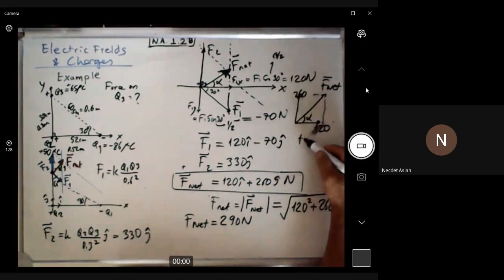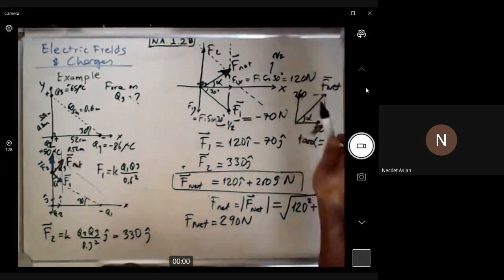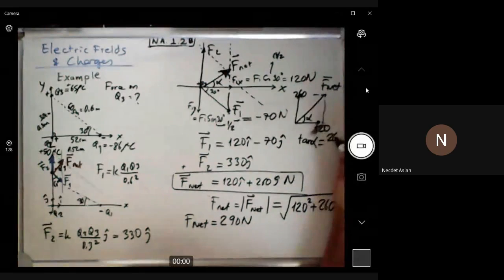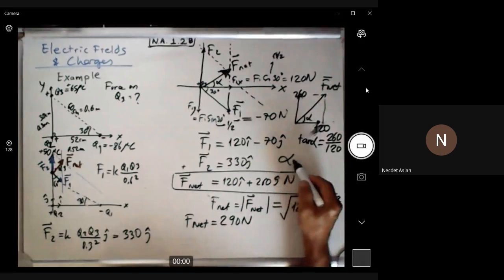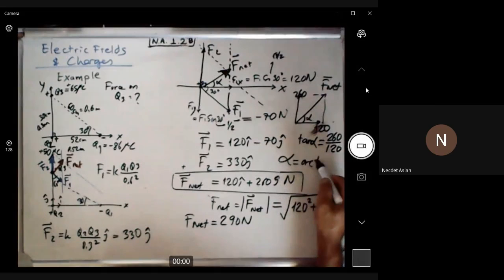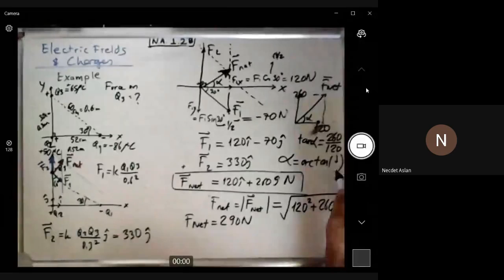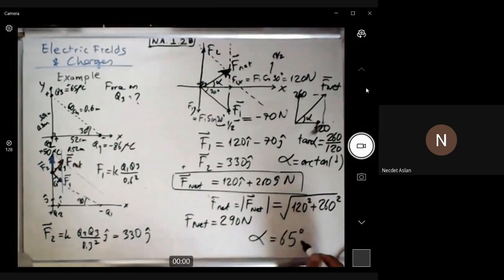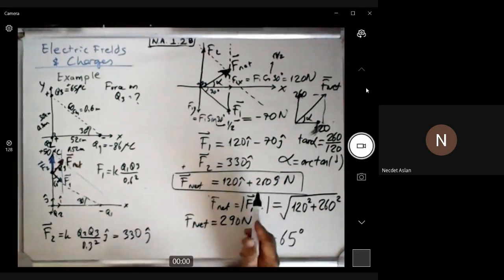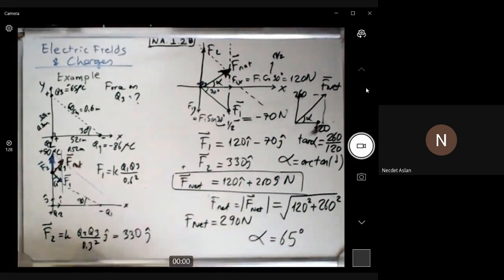Tangent alpha will be equal to 260 divided by 120. So whatever the value is, you can find this angle by taking the arc tangent of this value. If you put these values in, you find that this is just 65 degrees. Okay, this is the end of the second example, the two-dimensional example.